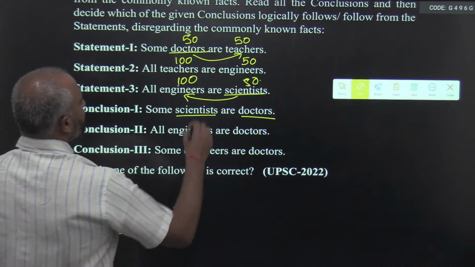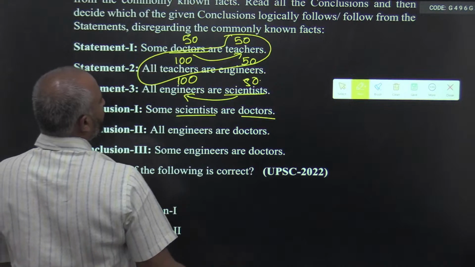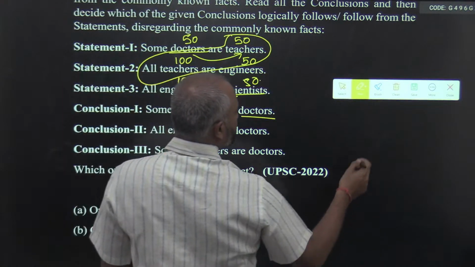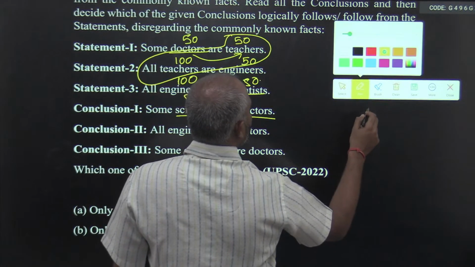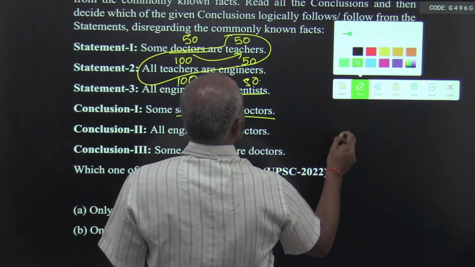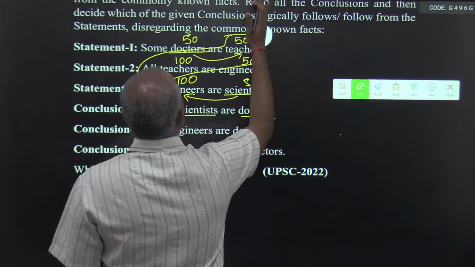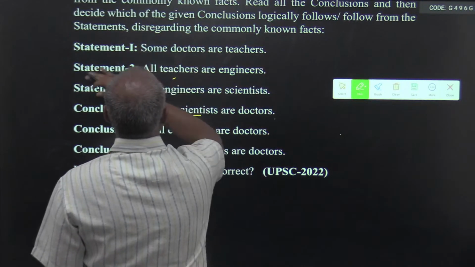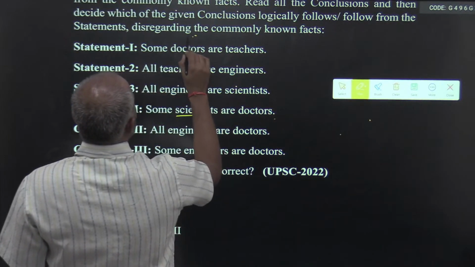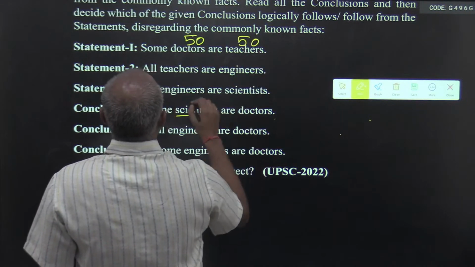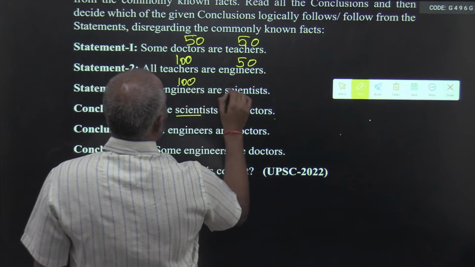Now you see, can you make a link between 1 and 2? So 50, 50, 100, 50, 100, 50.